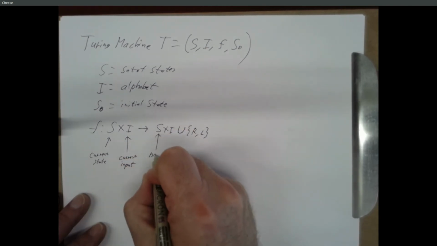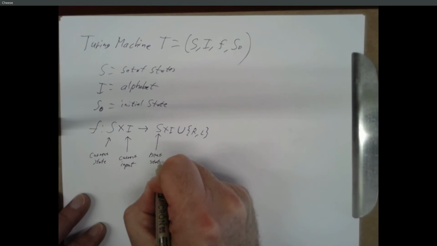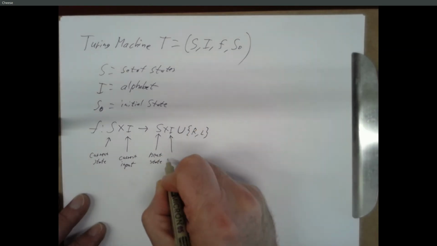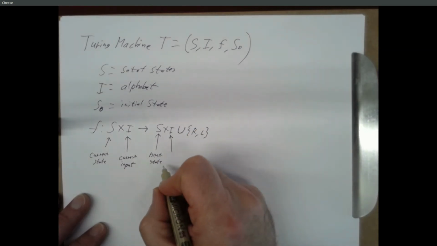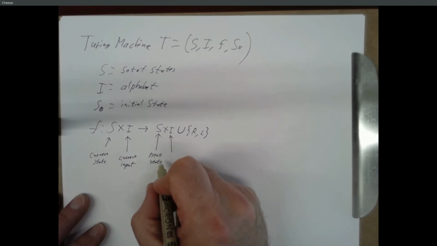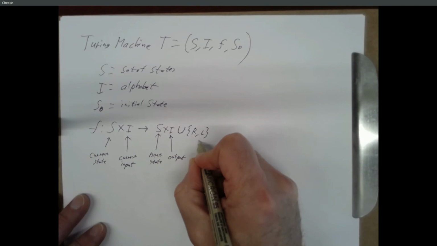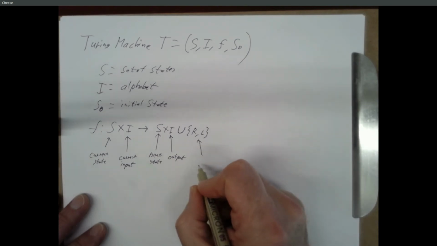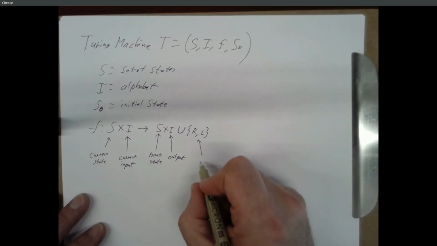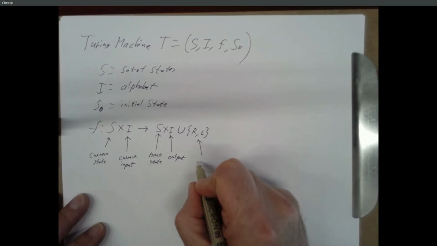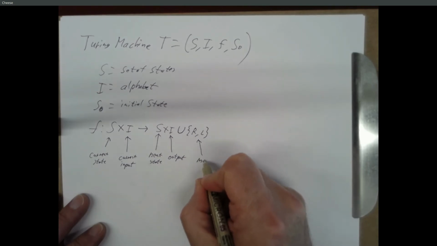This is your next state. This is effectively your output. And this is something we'll just call movement.